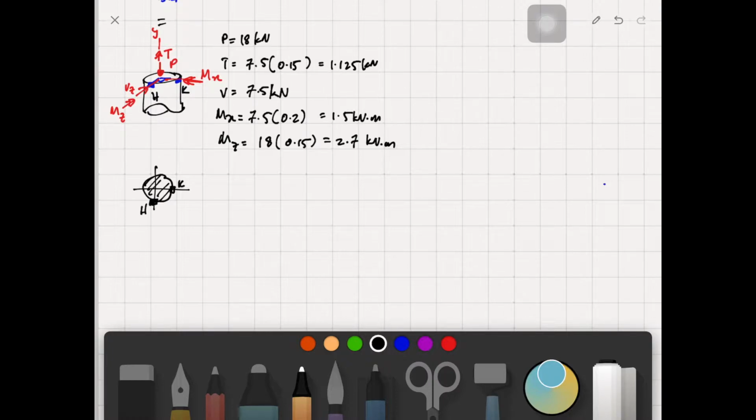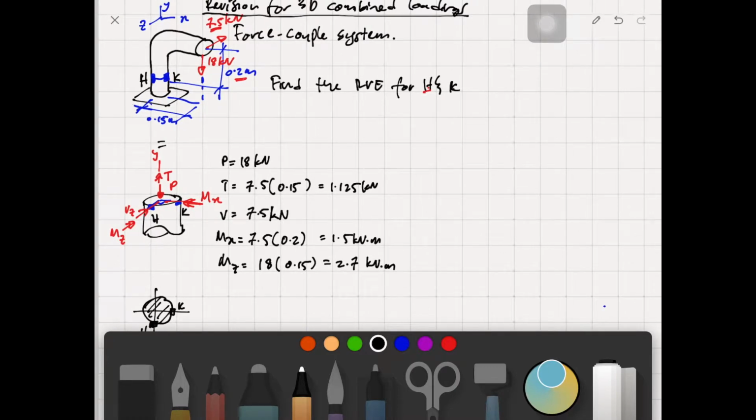So the radius, if I haven't given you the radius for this question here, I haven't done that. So the radius for the shaft, for the force coupled system, take the similar radius for the system. This is equivalent to 0.03 meter, right?